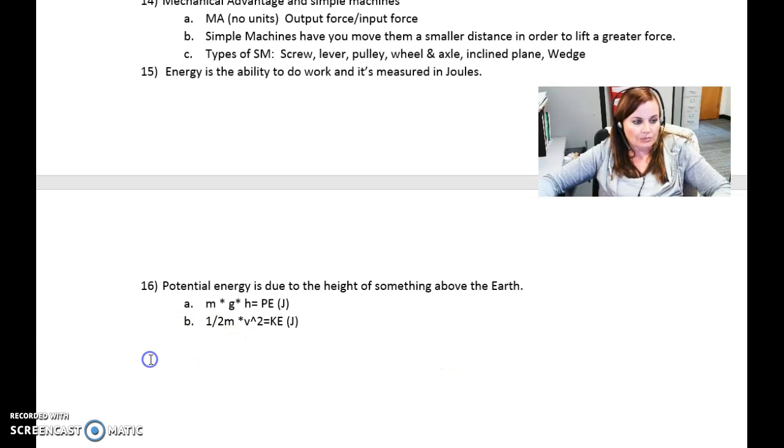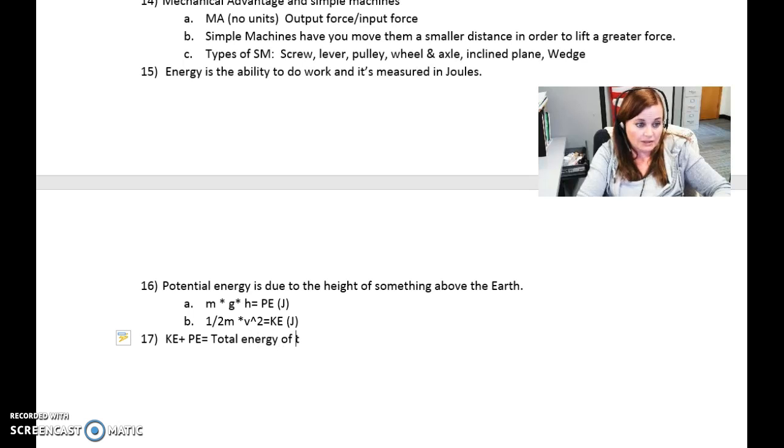Kinetic energy and potential energy are related to one another, right? Because kinetic energy plus potential energy is equal to the total energy of the system, and it should be the same. Total energy never changes, okay?